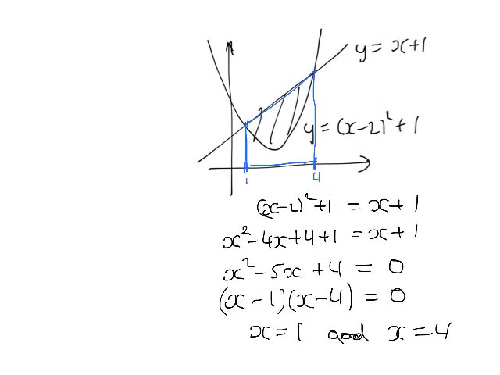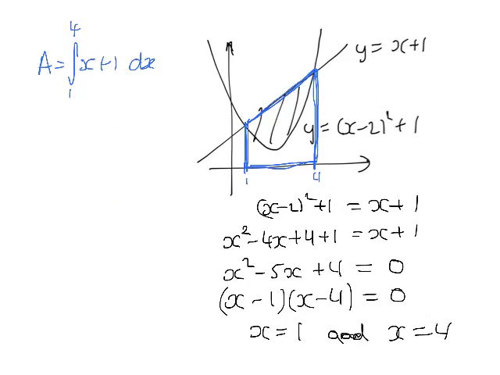Okay, so now we can actually find this blue area here, which you should recognize as a trapezium, by finding the area of this trapezium. You can use the formula. An alternative way to do it is to say it's the integral, the area under the line x plus 1, the integral of x plus 1 between 1 and 4 with respect to x.